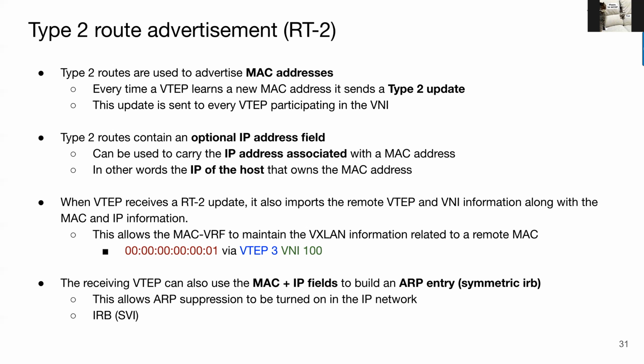So that's why I wanted you guys to pay attention, because I know this causes confusion on the floor. When do we expect to see the MAC, and when do we expect to see the MAC plus IP? But both of them are type 2.